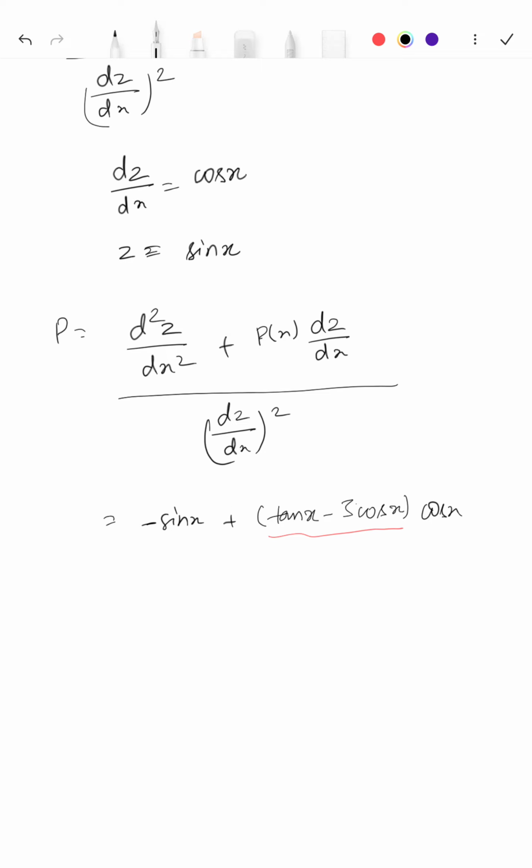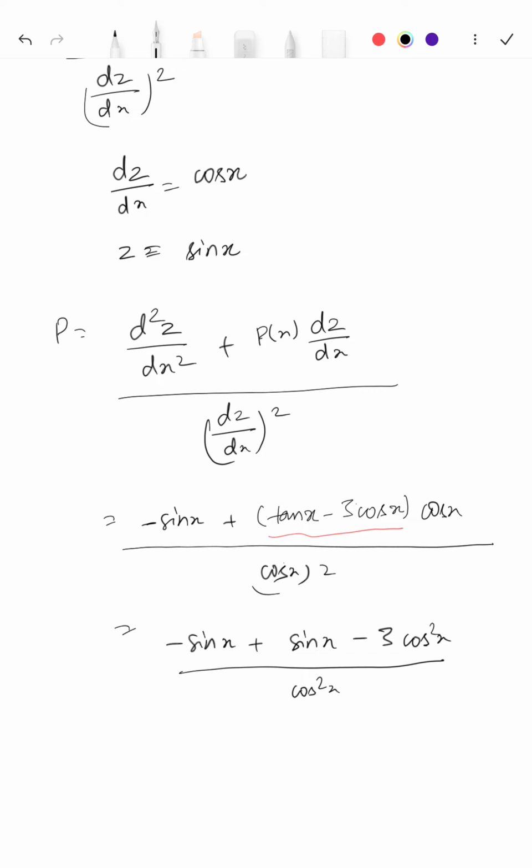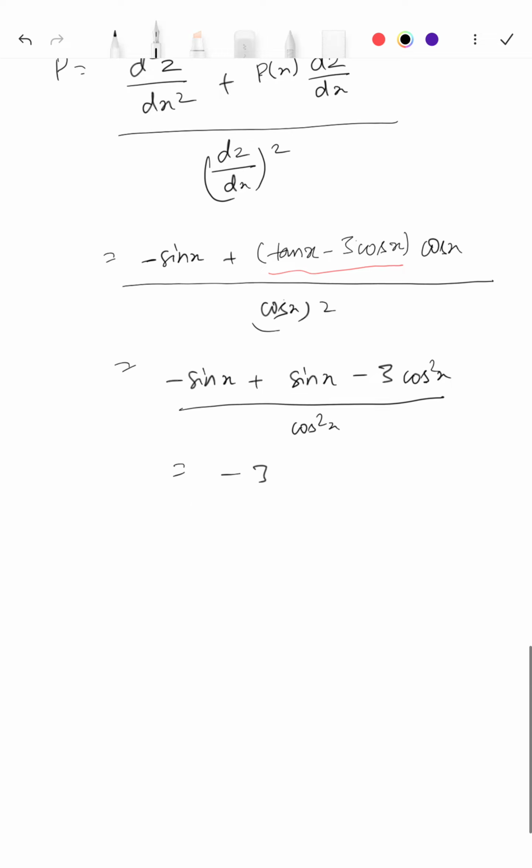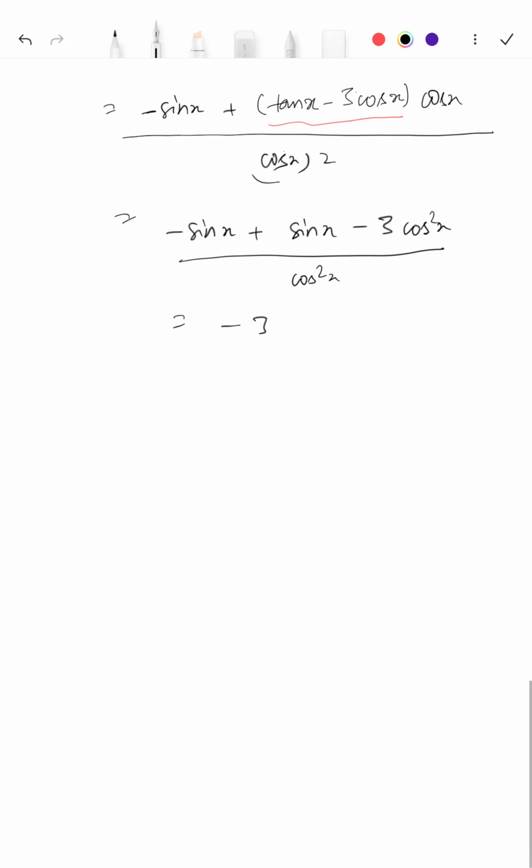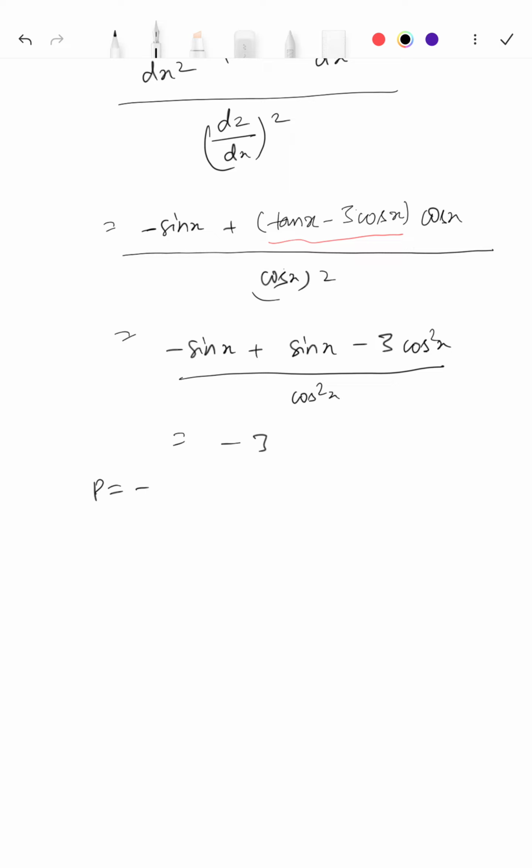So this is cos x whole divided by (cos x) whole square. Now let's manipulate this one. Minus sin x plus 10x into cos x becomes sin x, minus 3 cos square x divided by cos square x. So this comes out to be minus 3. Okay, so my p is equals to minus 3, my q is equals to 2.